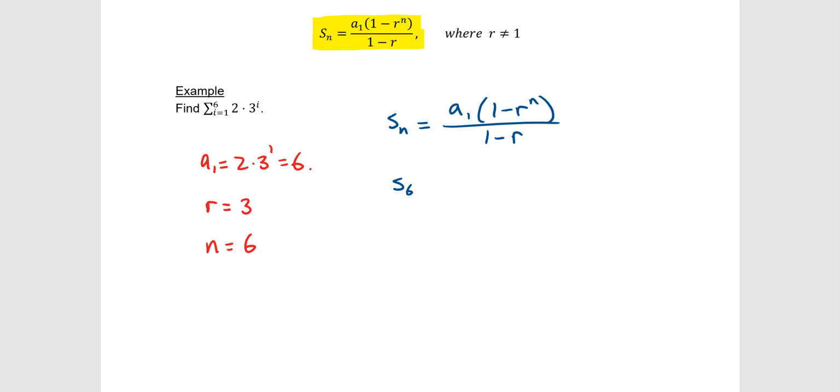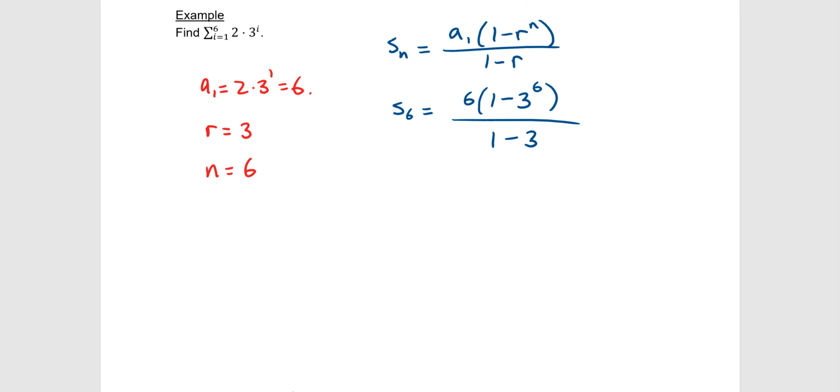So let's plug all of this in and see what happens. The sum of the first 6 terms equals a sub 1 times 1 minus 3 to the 6th divided by 1 minus 3. Let's go ahead and evaluate now. That's going to be 6 times 1 minus 3 to the 6th power, which is 729, divided by negative 2.